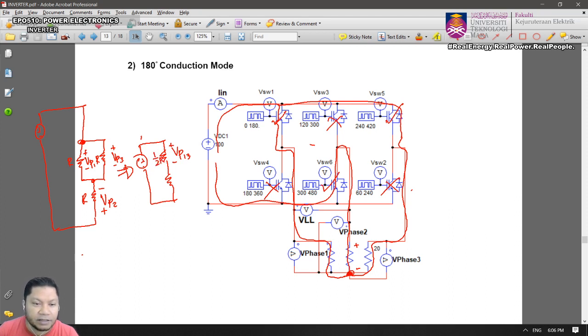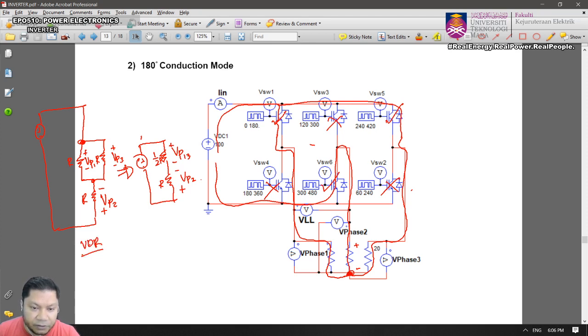Because there are two in parallel, so it becomes half of R, and this is R, but now plus minus plus V phase 2, isn't it? Okay, clear?